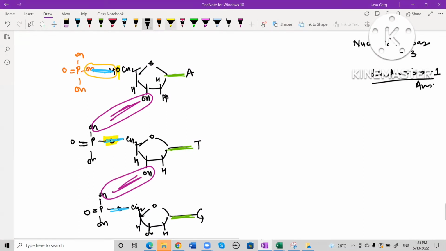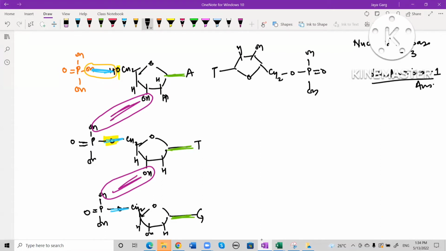Now, if I have to draw the second strand, see the second strand. So this is your OH, H, and here T. CH2O, P. I hope now you are able to understand, so I can be fast also.